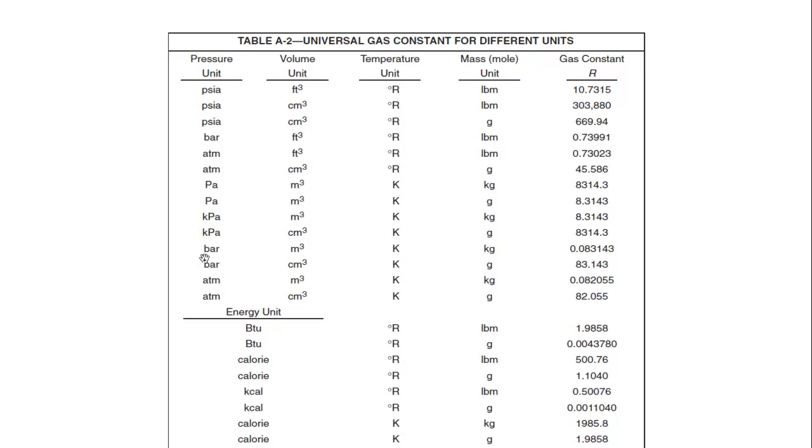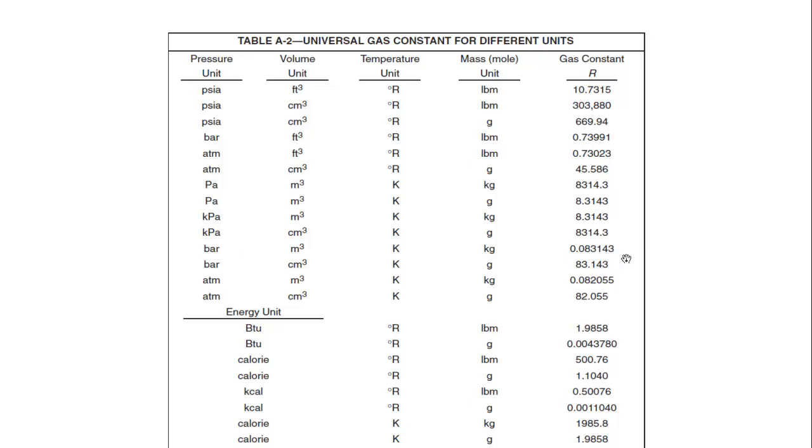But if you don't remember those numbers, like in high school, you probably learned Pascal, cubic meter, Kelvin, and kilogram, it's the same thing, 8314. And then what most of the petroleum engineering companies use, like Statoil and Canadian companies, they'll often use bar and cubic meters, in which case your number is 0.083143.